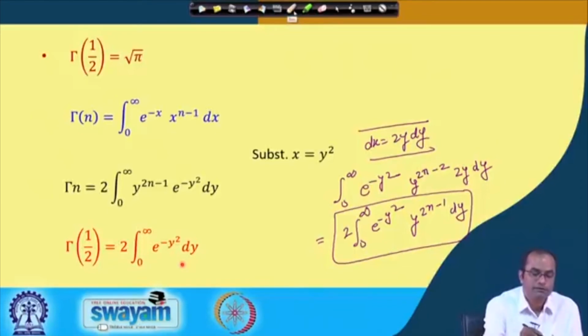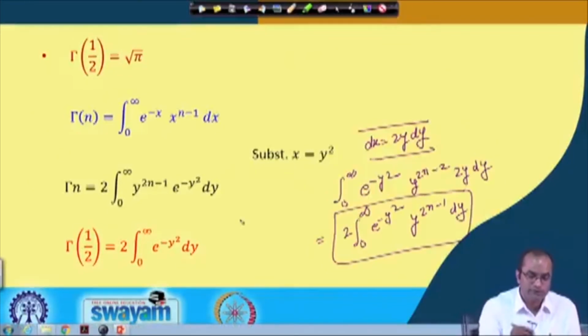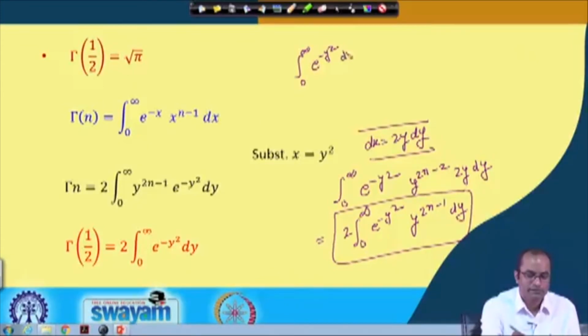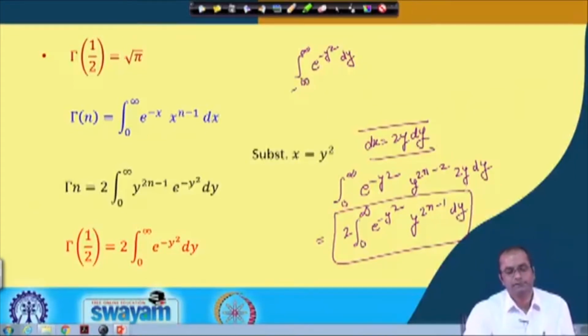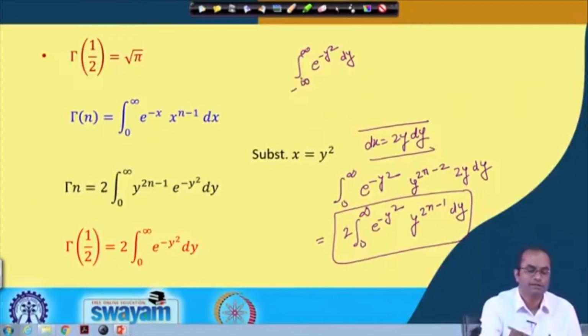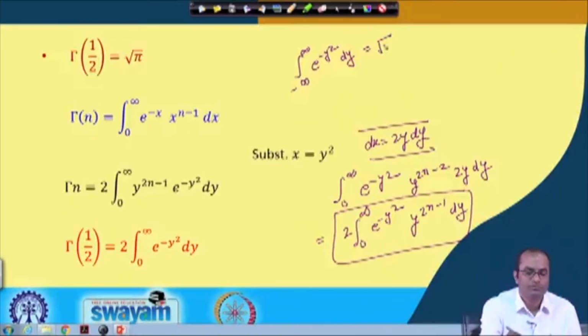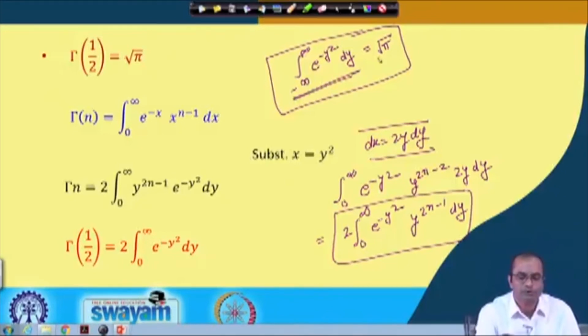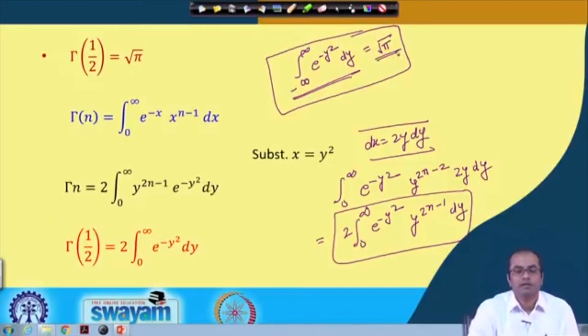But the value of this integral 0 to infinity e power minus y square dy, in fact, we will see later that the integral from minus infinity to plus infinity of e power minus y square comes to be square root pi. So, at present we will assume this, but it is a very useful integral, and better to also remember this value square root pi.